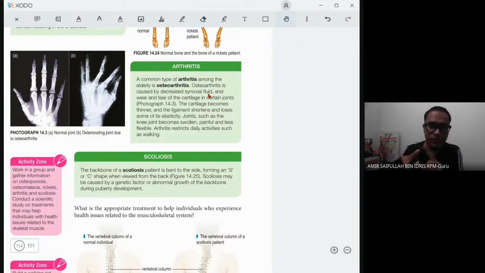But a person who has arthritis, their synovial fluid has dried up. So this will cause the joints to become very swollen and very painful because there's a lot of friction in the fingers. So this is called arthritis.